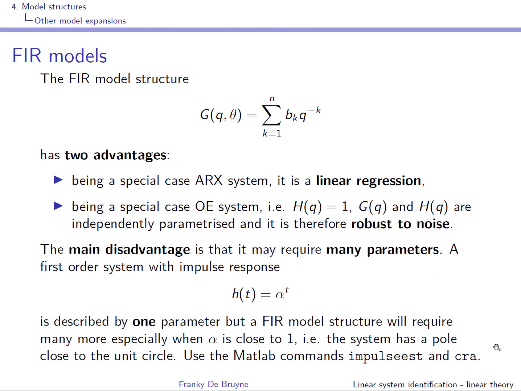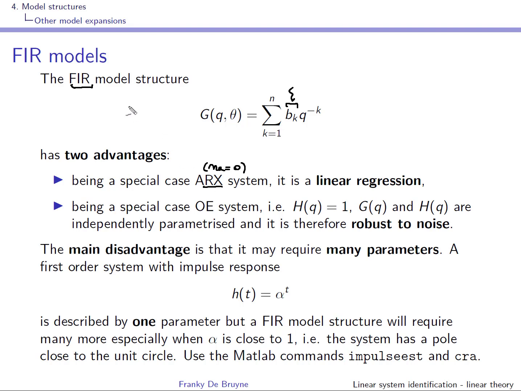So we can also identify a finite impulse response model. Then G(q) can be written like this, and over here we have the impulse response, right? And here we have only n elements in the impulse response, and we have seen that this FIR model is a special case of the ARX with na equal to 0.